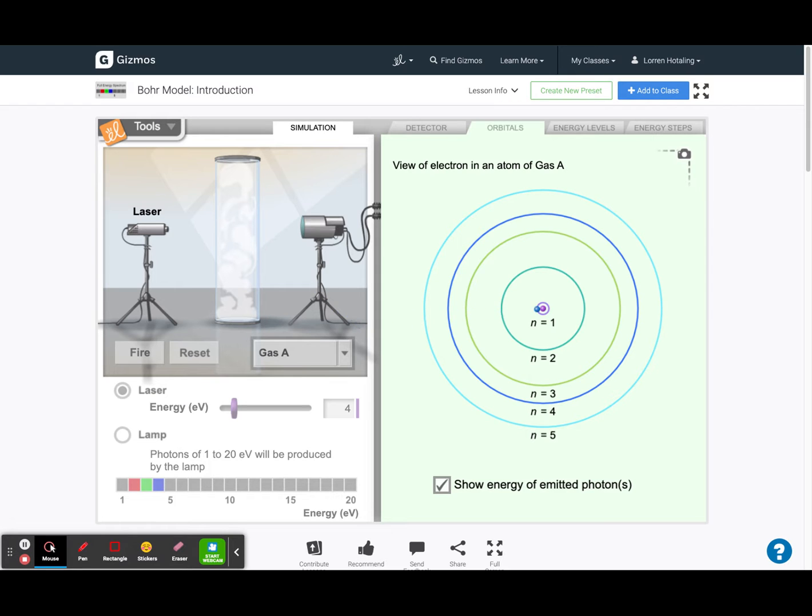It gets excited, jumps up to a new level, and then re-emits the photon, the same energy, the same color. So again, the photon comes in, it's absorbed, the electron's excited, and then it re-emits the photon and drops back down. So we have absorption, and then we have emission. The electron absorbs the photon, and then that photon is emitted.